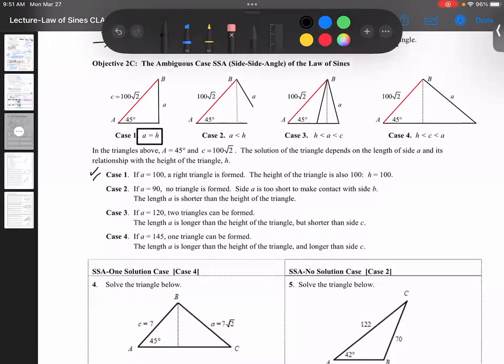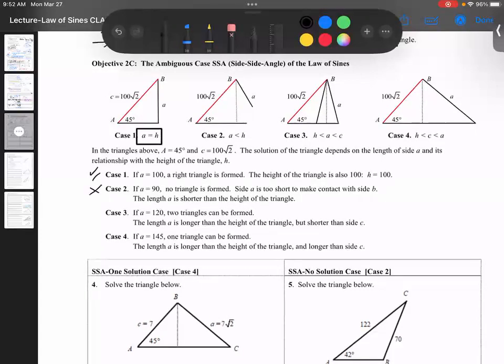Case 2. If A is less than 100, let's say A is 90 units, then if A is too short, you cannot connect A to the base, so there's no triangle formed. That means you have no solution. Case 3.